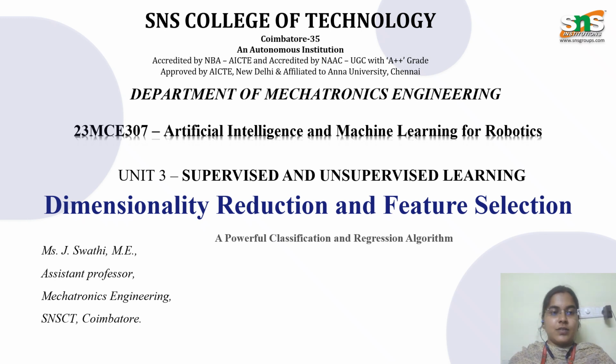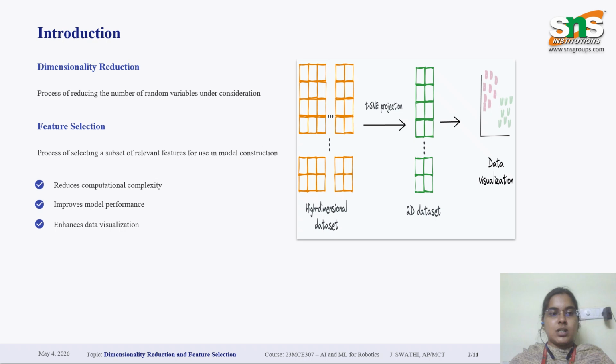In this lecture series, we are going to discuss the dimensionality reduction and feature extraction techniques under supervised and unsupervised learning. Dimensionality reduction and feature extraction are techniques used to minimize the number of input variables in a dataset while retaining the essential information.